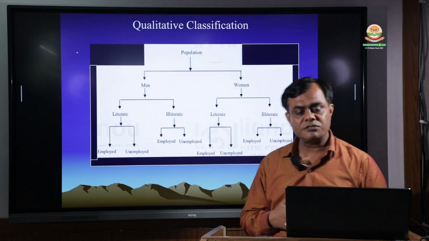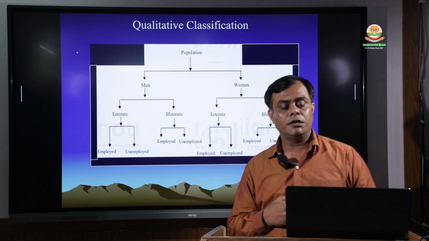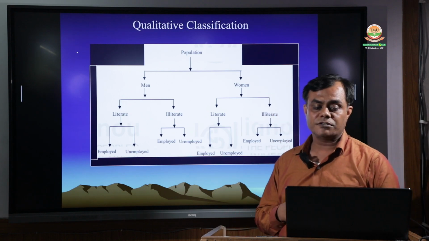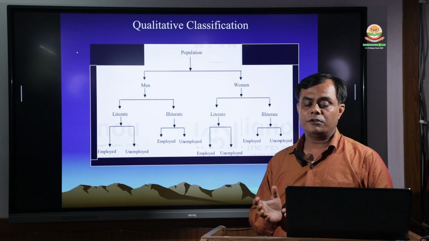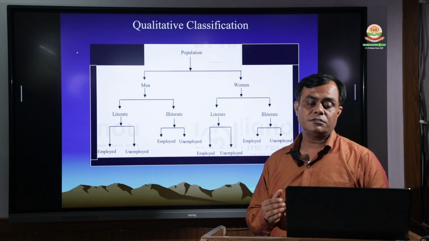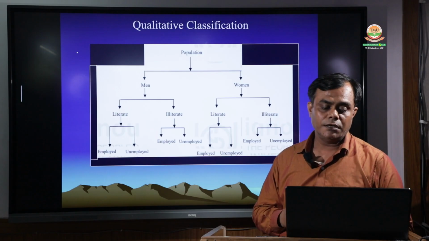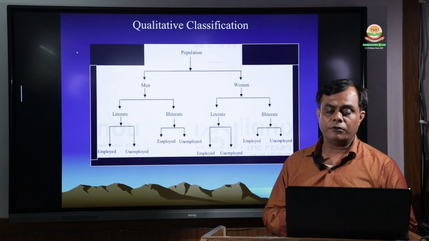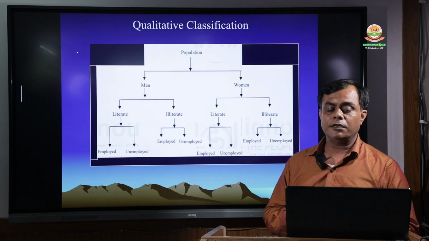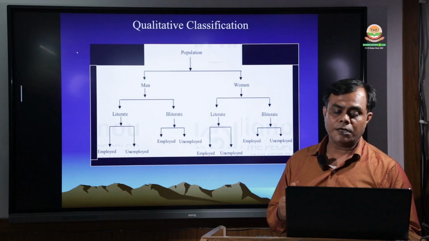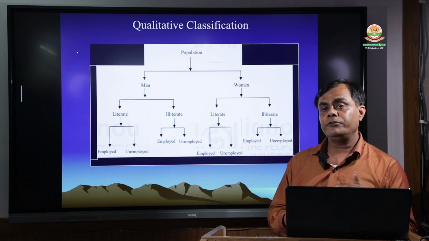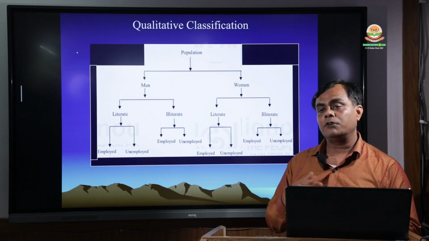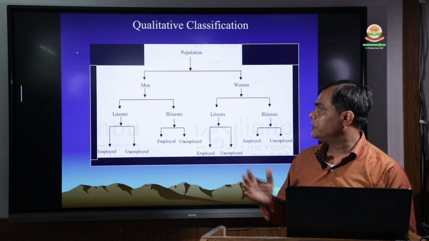Here in this table you can see the qualitative classification of the population. The first stage is men or women, the second stage is literate or illiterate men or women, and the third stage is employed and unemployed. So here we are classifying the data in multiple stages.